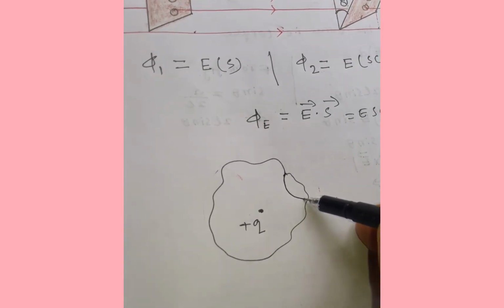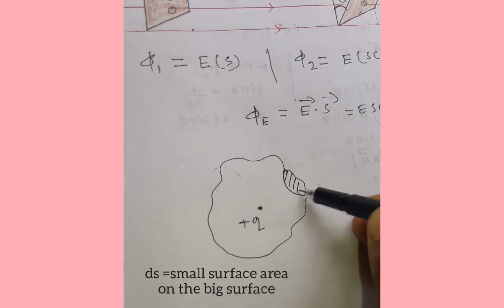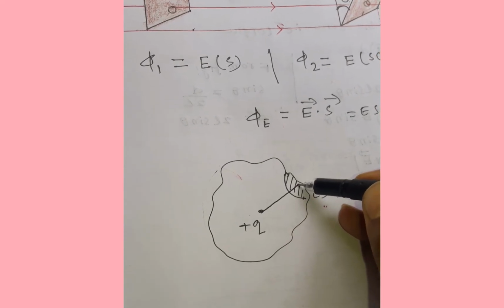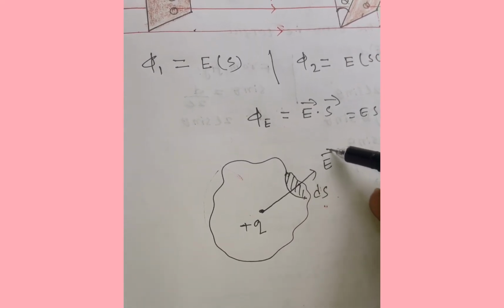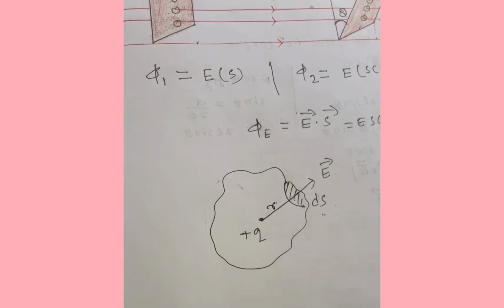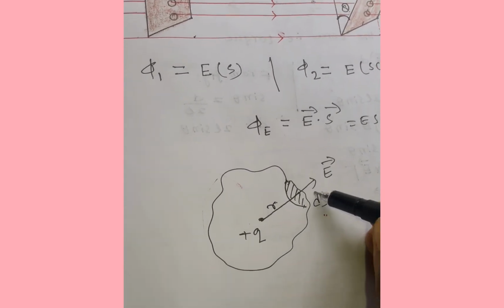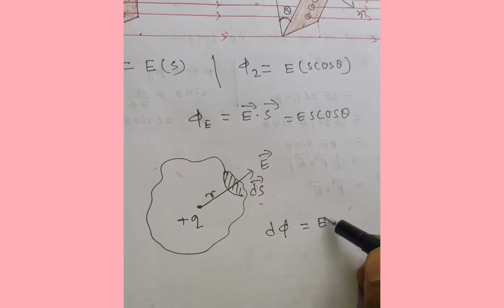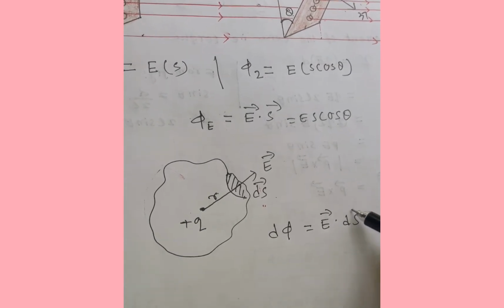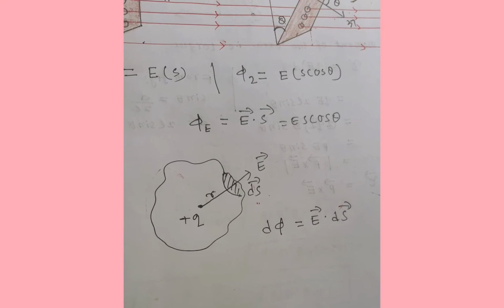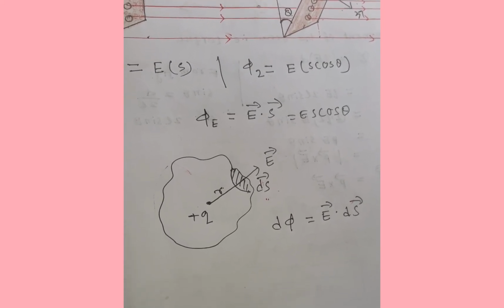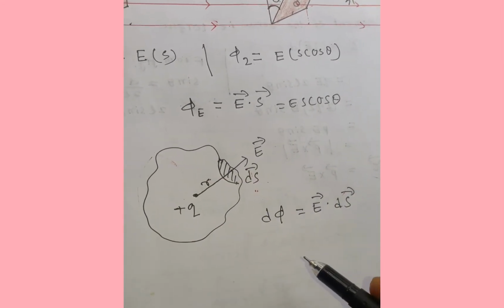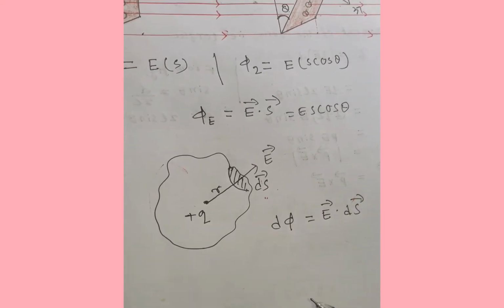Say here we consider a surface element dS. Therefore, the electric field here is E. Now the electric flux through this surface, d phi, equals E dot dS. If we want to calculate the total flux through this surface, then we must integrate this expression.